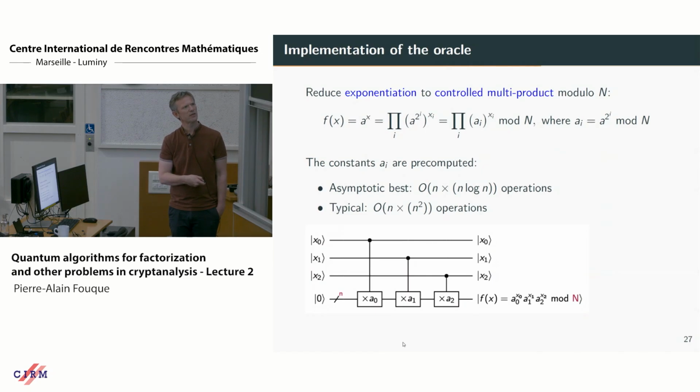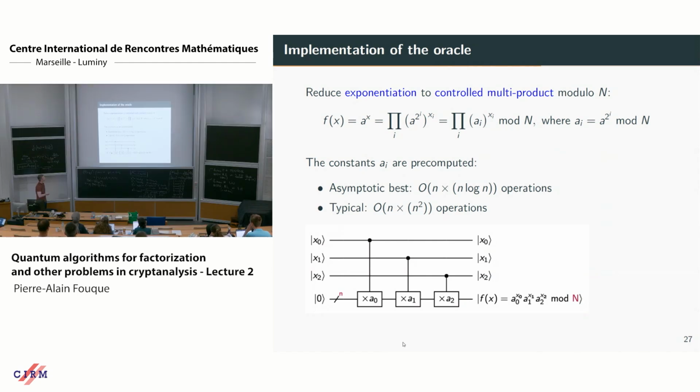Oh, sorry, here I think we don't begin with a 0, we begin with a 1, but you just apply a NOT on the first qubit. And here, if x0 is 1, we apply this a0. If it is a 0, we don't do anything.